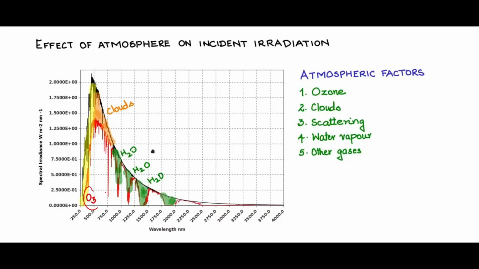This portion is due to O3, ozone, this portion of loss is due to clouds present in that particular column, and this dip in the solar irradiance is due to water content present in the atmosphere. These are the factors that need to be taken care of while placing the solar panel. I hope you understand. Thank you.